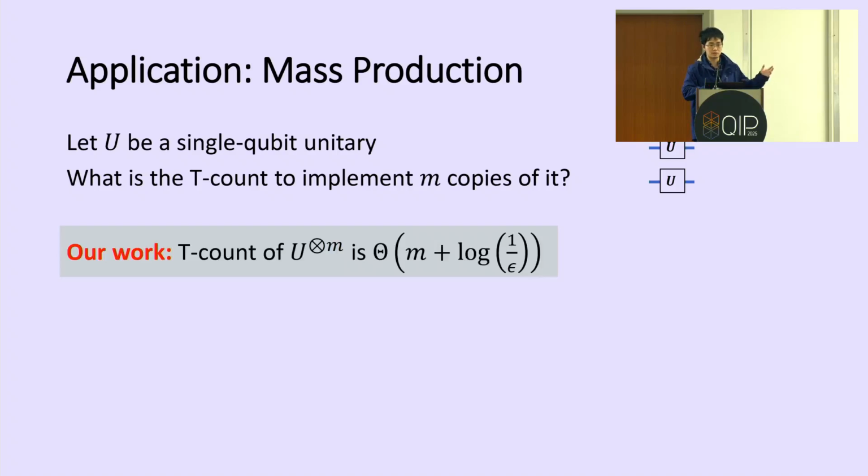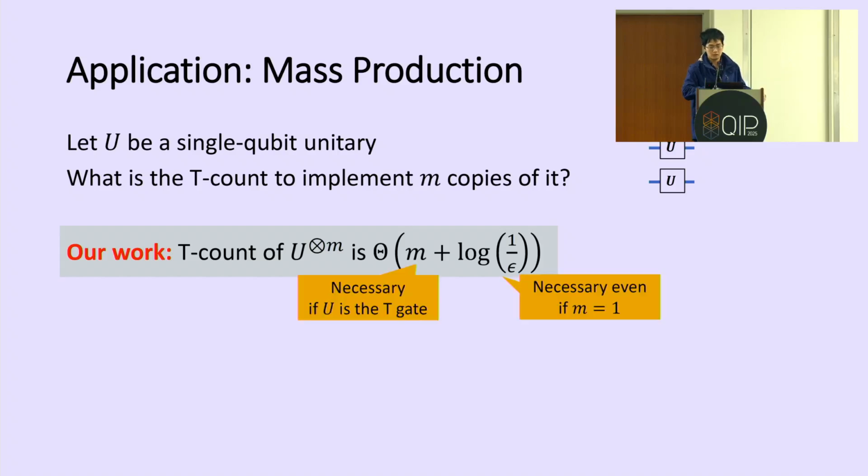So this is the upper bound, and we also prove a lower bound. Here, the log 1 over epsilon is necessary even for m equals 1. And this linear in m factor is also necessary, because if your unitary is the T-gate itself, then you cannot hope to generically compress T-gates.